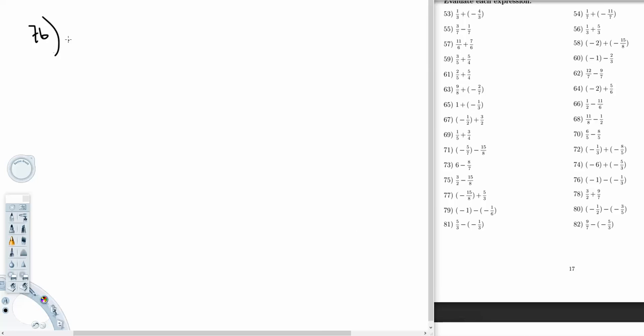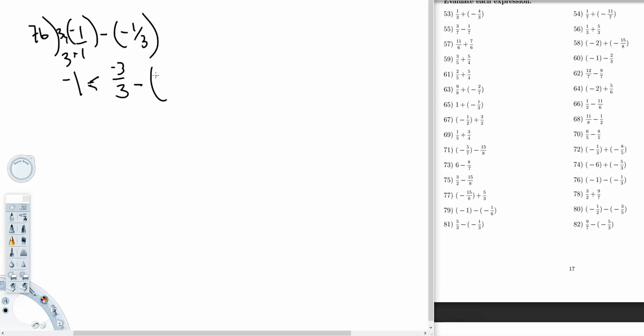Problem 76 now. 76, it's minus 1 minus 1 over 3. Okie dokie. So minus 1, how could we make that over 3? It's really negative 1 over 1. So it's going to be negative 3 over 3, right? We multiply each side by 3.